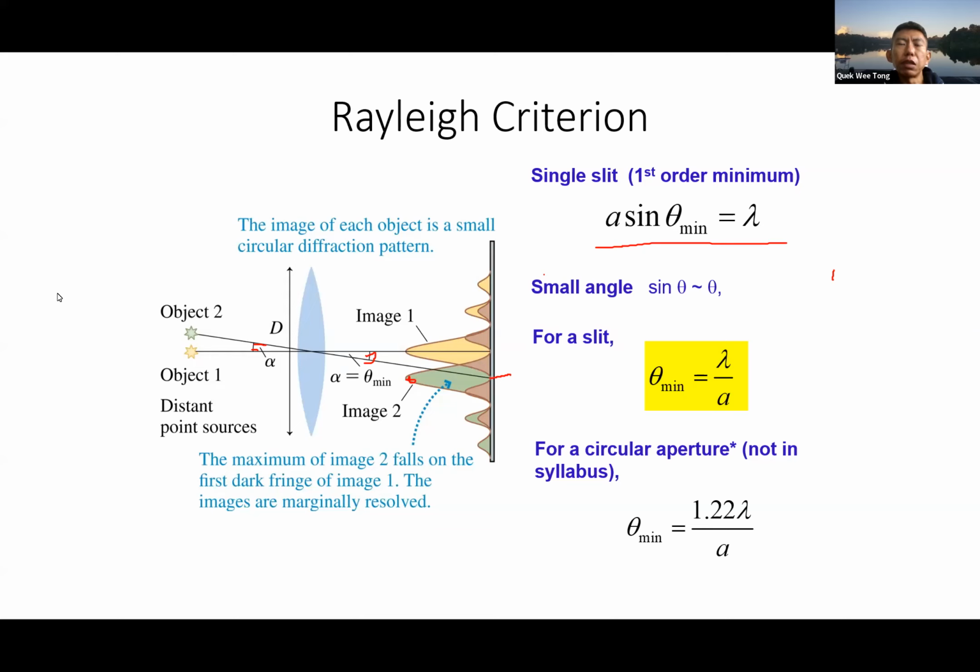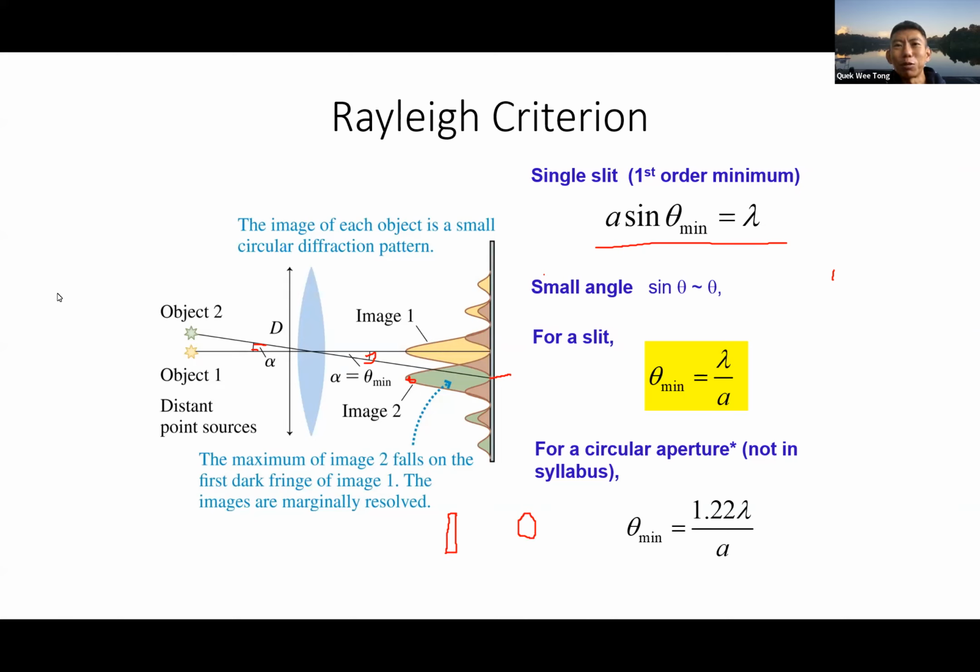Circular aperture is slightly different. What is the difference between rectangular and circular aperture? One is this shape, one is this shape. The Rayleigh criterion is slightly different.